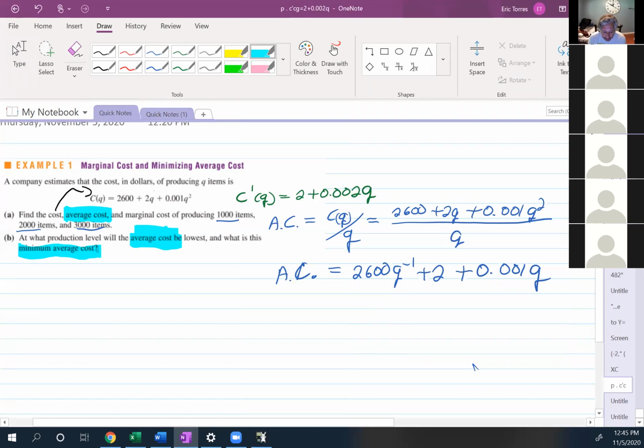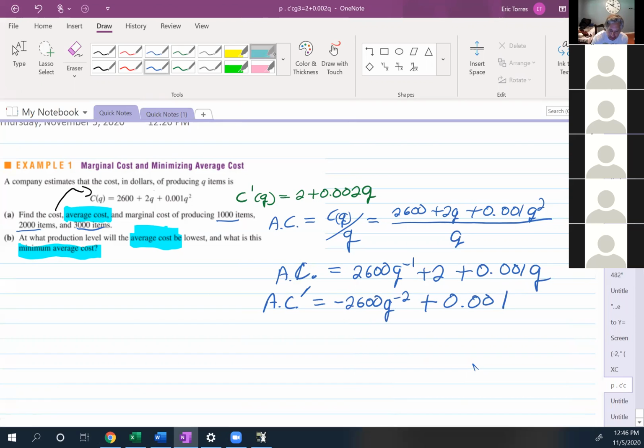What I want to do is take its derivative and set it equal to 0. So I will do that for the average cost. My average cost function's derivative equals negative 2,600 q to the negative 2 plus 0.001.